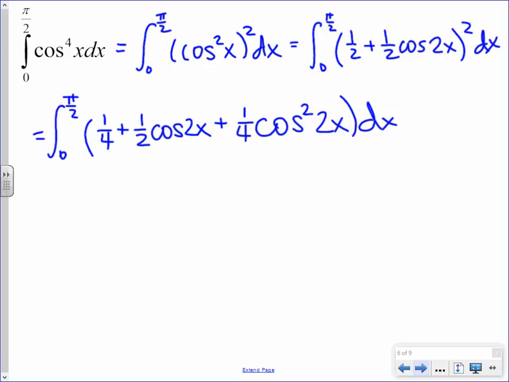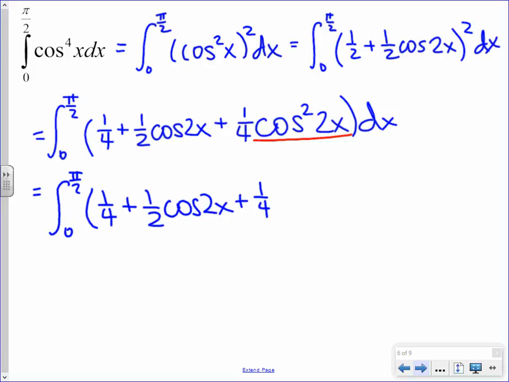So we're going to have to do the power reducing formula again for cosine squared of 2x. We have to have cosine to the first power, otherwise we can't take the antiderivative. So we're going to do this one more time. Cosine squared of 2x becomes 1/2 plus 1/2 cosine of 4x.